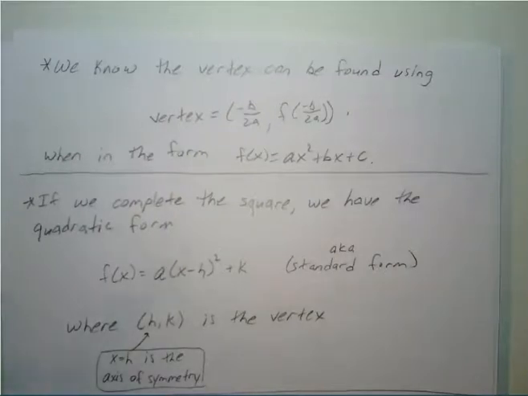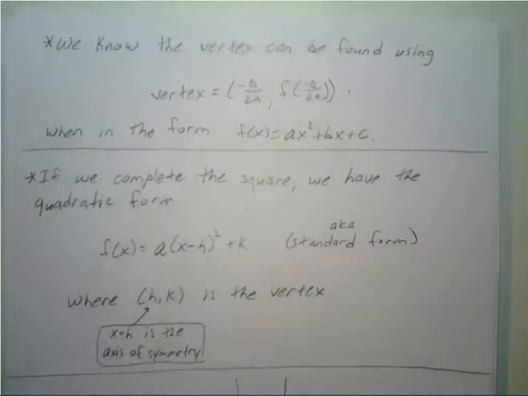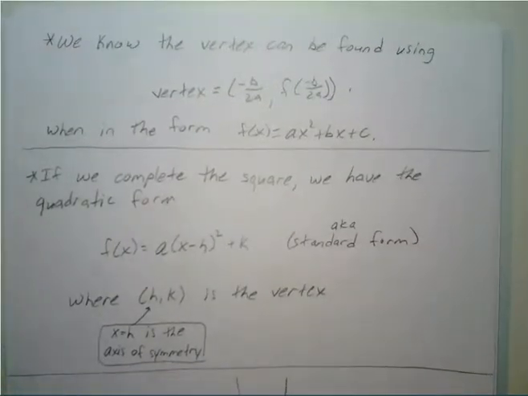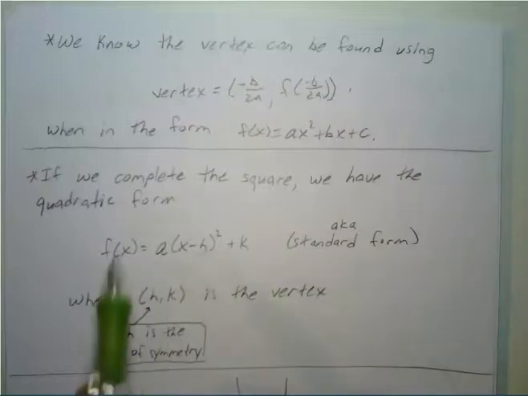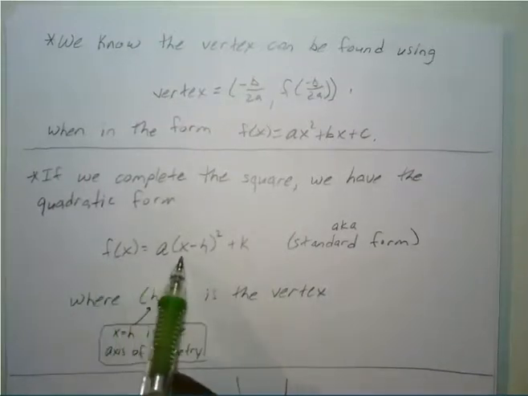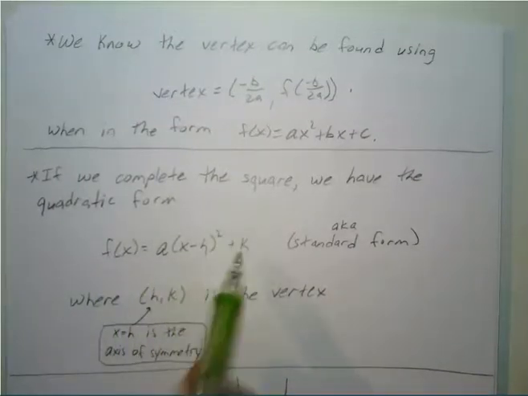Now, if we complete the square of our standard form, we can actually get an equation in our vertex form: f of x equals a times x minus h squared plus k.